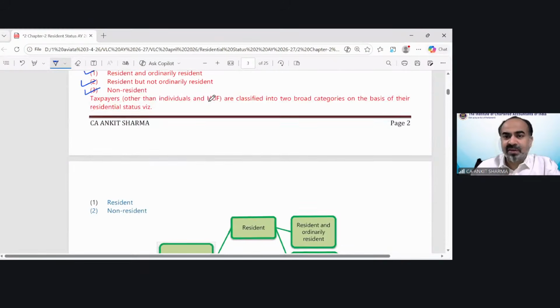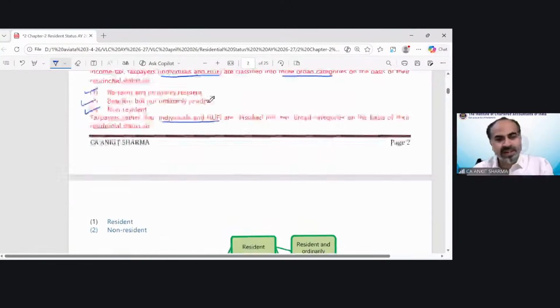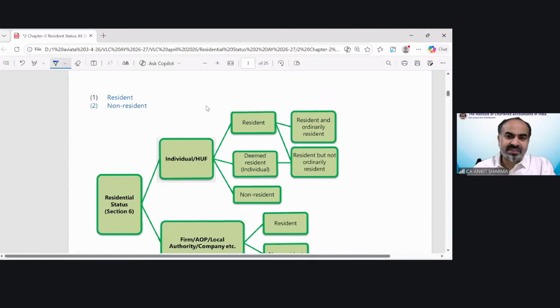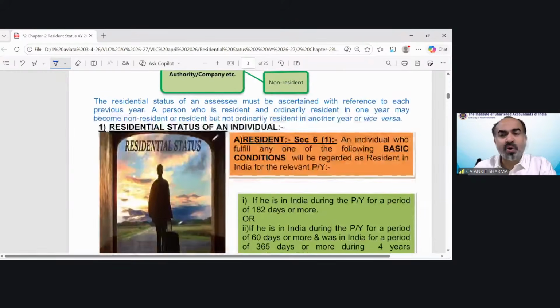As you have seen, other than individual, HUF only can be resident or non-resident, as we have seen in case of a company and partnership firm, etc. So you can see individual status and HUF status could be subclassified also. But in case of company, firm, etc., either they could be resident or non-resident.